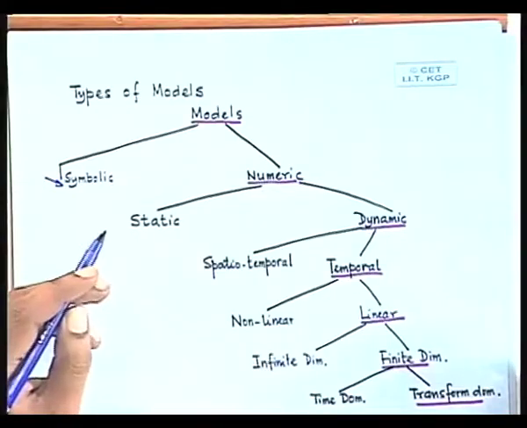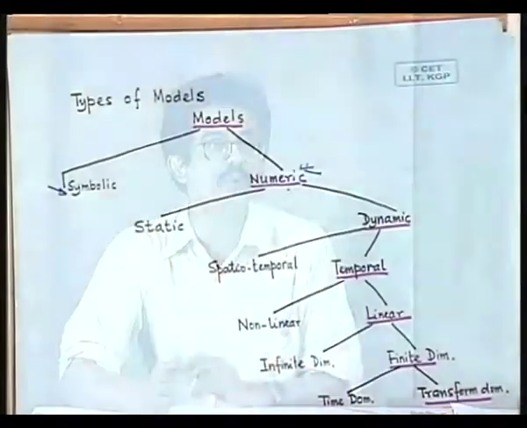You may have, for example, a digital circuit that you call made of zeros and ones. Those zeros and ones are not numbers. They are not to be treated as integers. They are actually nothing but symbols. So the digital circuit is a symbolic model. On the other hand, you may have numeric models, and we are interested in the numeric models.